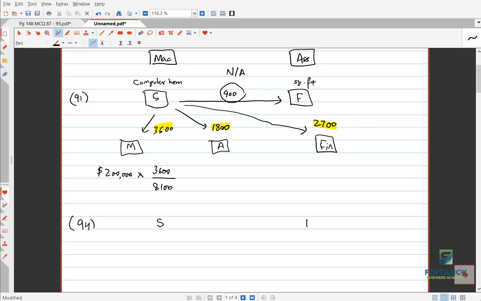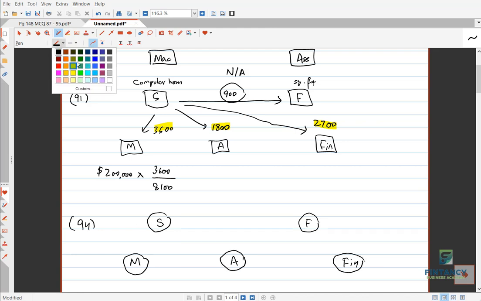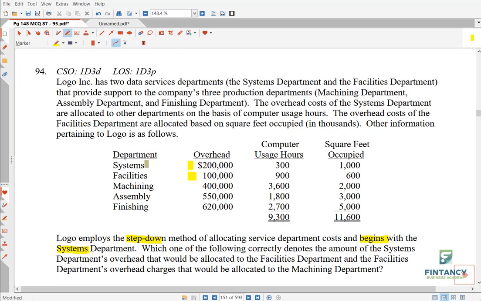So S, F, and M, A, and FIN, right? Basically, the examiner is asking how much will go from systems to facilities, and how much will go from facilities to machining.